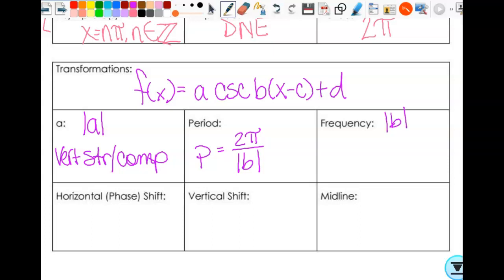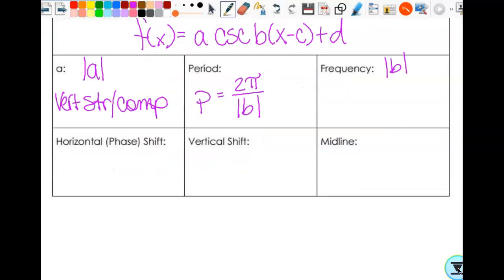Frequency is still the absolute value of b, and if you need to find it, it is 2 pi divided by the period. So the 2 pi always goes on top. You either divide by the period or divide by b, depending on what you're looking for. Horizontal or phase shift is still c. Vertical shift is still d. Midline, y equals d.